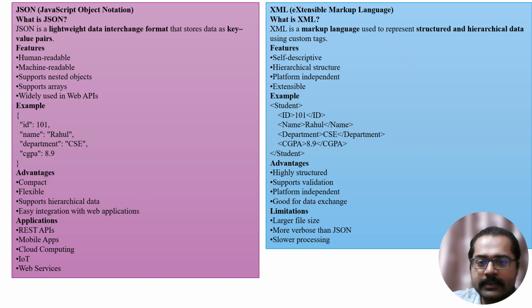The limitation is large file size, and slower processing because the file size is large, and it is more verbose. You can see name and department repeated. In JSON, you have only key and value. Here the CGPA is getting repeated, so larger file size and more processing.